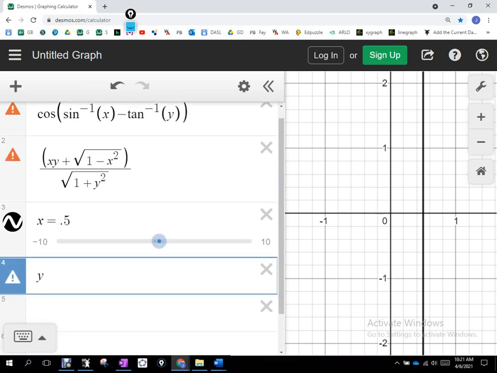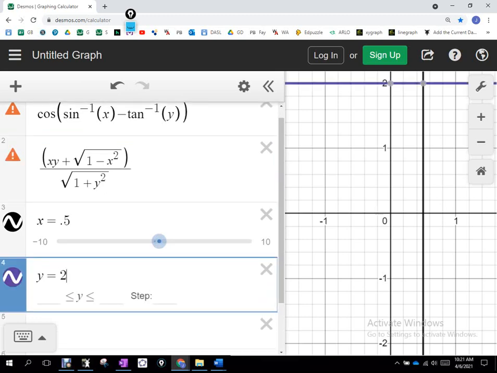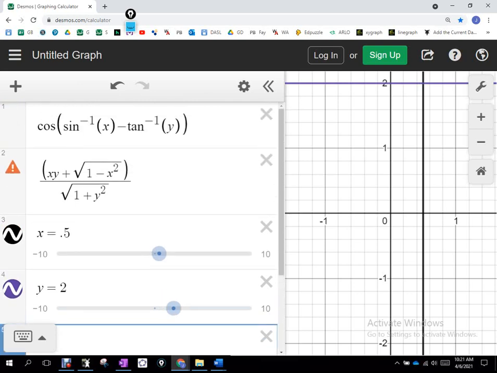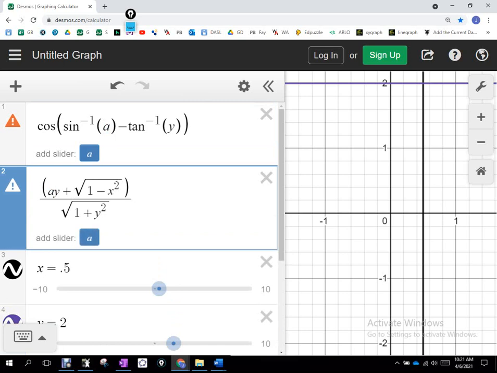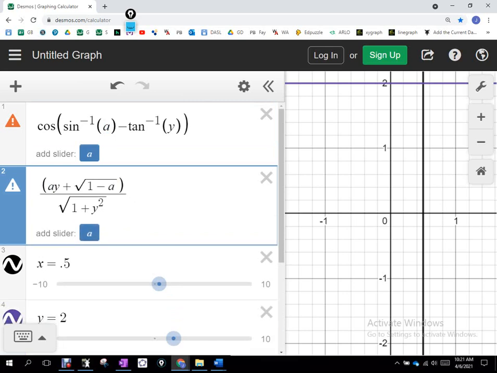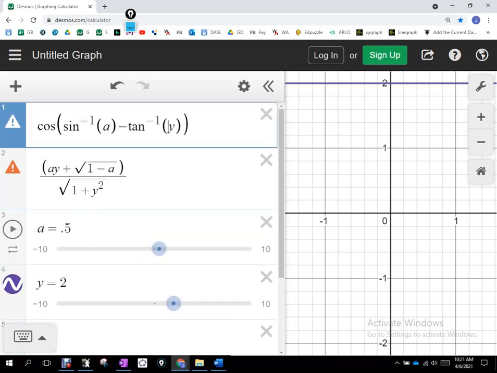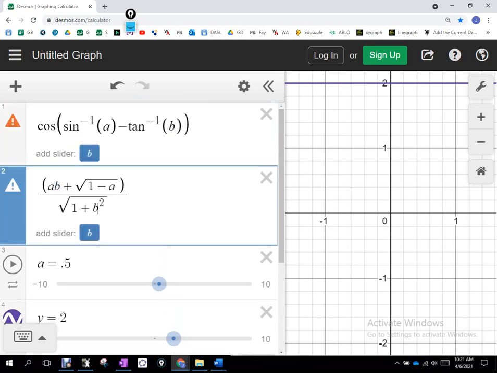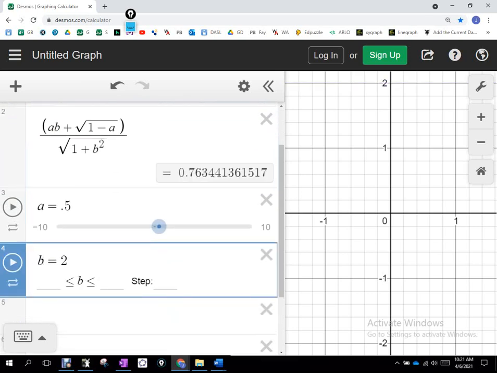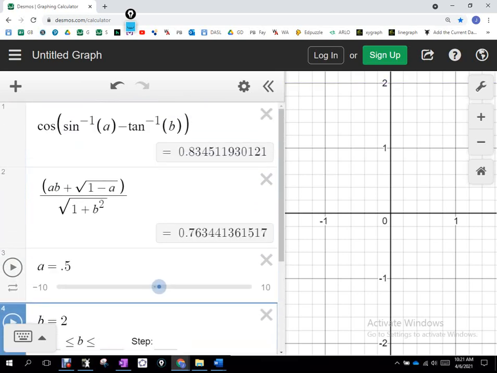So let's say y is 2. I didn't think it would evaluate this because of x's and y's. So what I'd have to do is take every x and make it an a, just so I can get it to evaluate. I'll make that a, and I'll make every y b. This one needs squared.